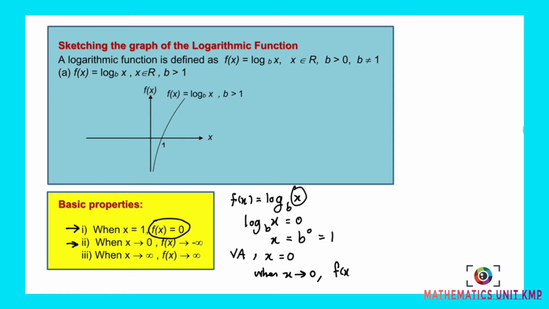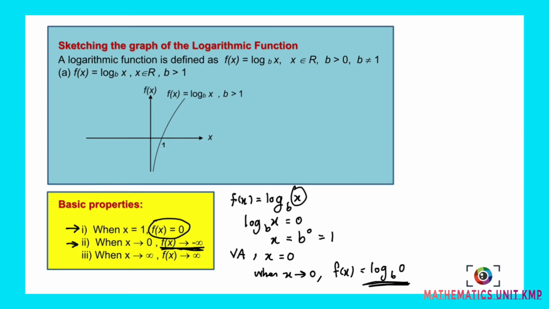For this case, log b 0. This value will be too small, sampai kita boleh anggap dia sebagai negative infinity. That's why they are approaching to negative infinity.